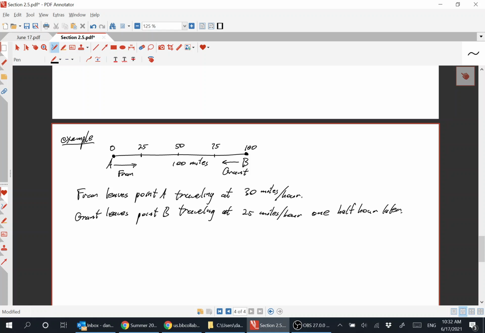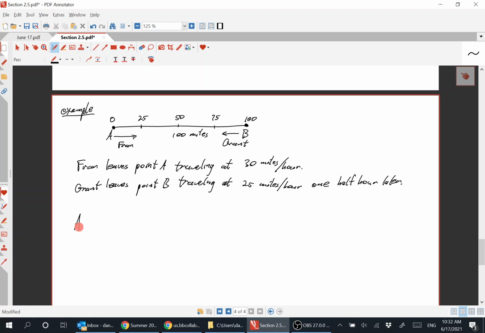Okay, so now the question is, at what time will they meet, and where along this road does that happen? So at what time, in minutes, do Fran and Grant meet?